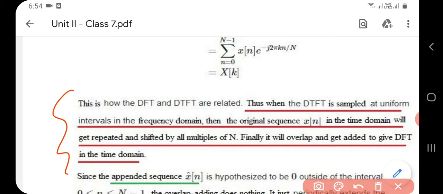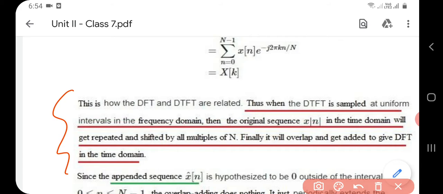So suppose you have an original sequence x[n]. We need to find its DTFT first, and once the DTFT of the original sequence x[n] is obtained, that DTFT will be sampled at uniform intervals in the frequency domain.